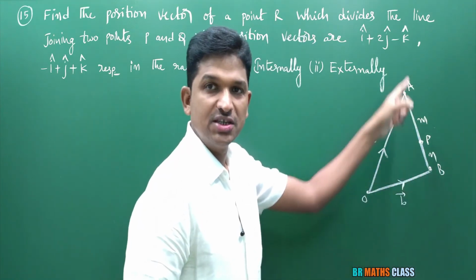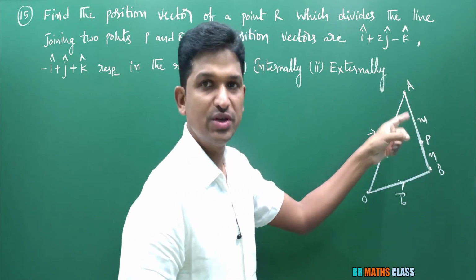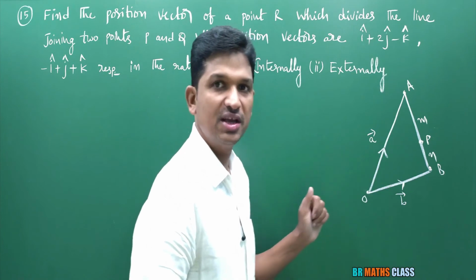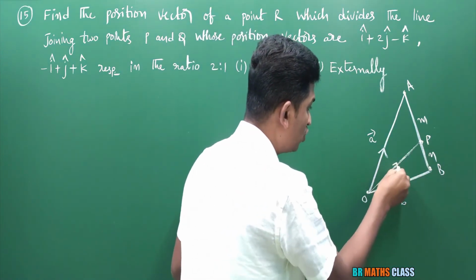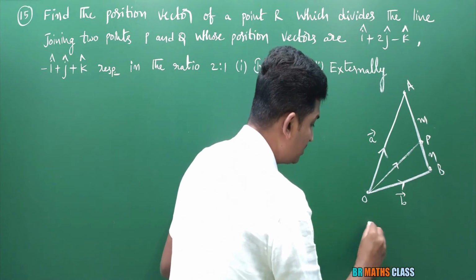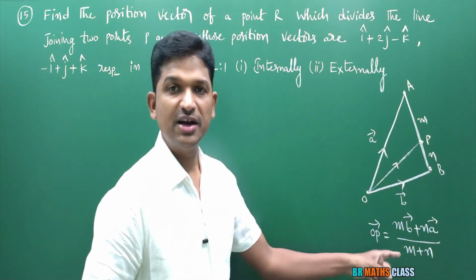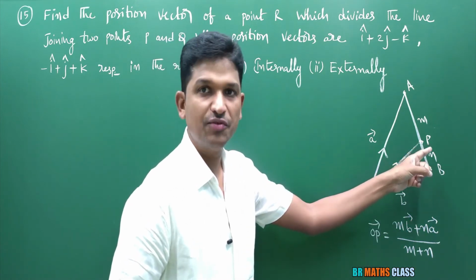P is a point on the line segment AB which divides AB in the ratio m:n internally such that OA bar is A bar, OB bar is B bar. Then the position vector of point P, OP bar, to calculate OP bar, we learned the formula (mB bar plus nA bar) divided by (m plus n). This is the formula to calculate position vector of a point P.